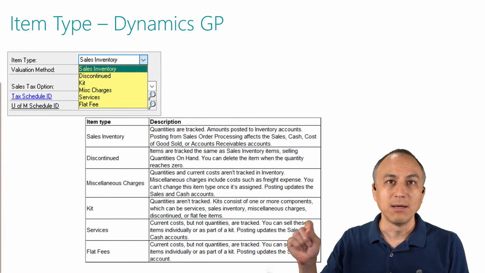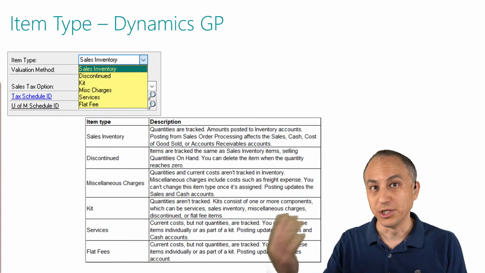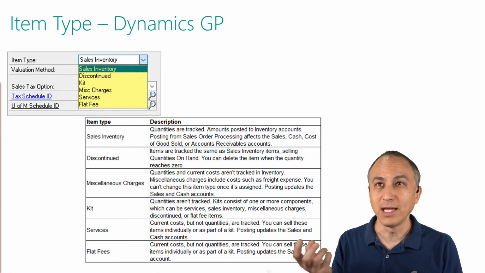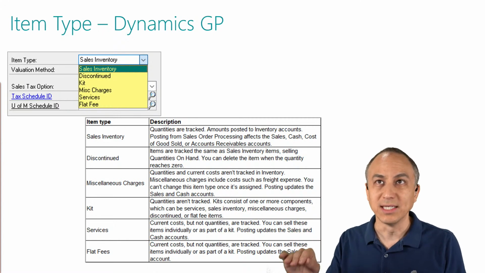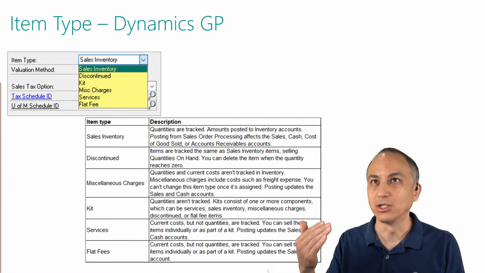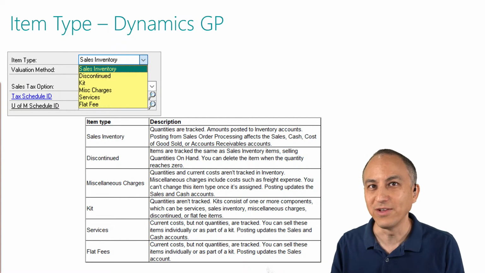I'm used to working with Dynamics GP, of course, and in Dynamics GP, there were a handful of item types, as it called them. Sales inventory, discontinued, kit, miscellaneous charges, services, and flat fees.